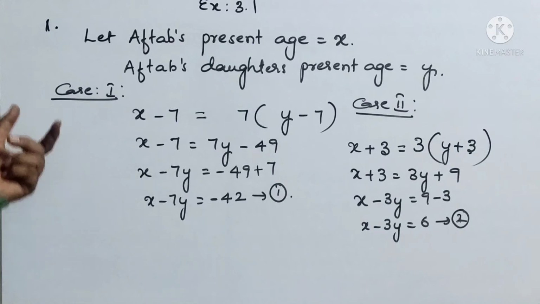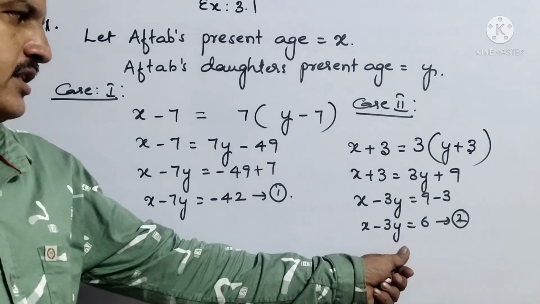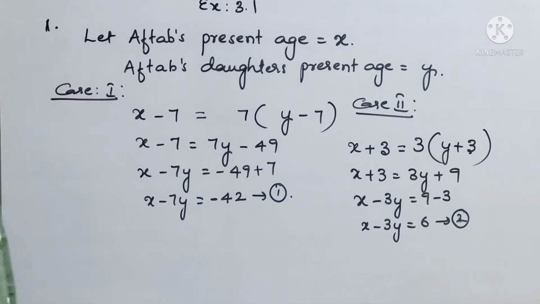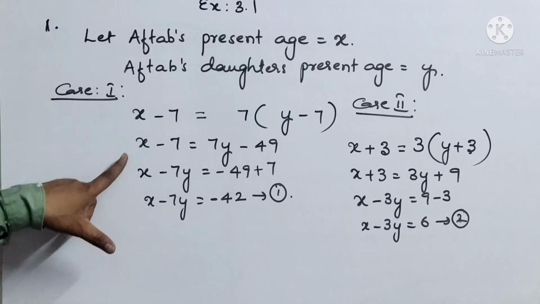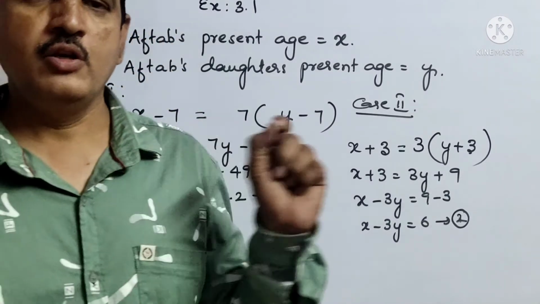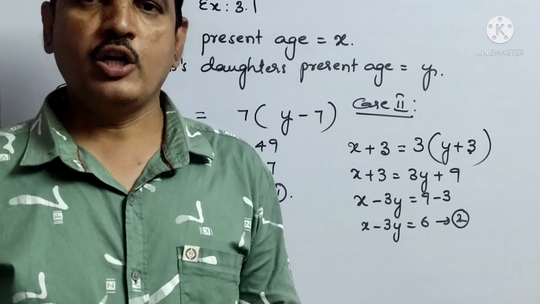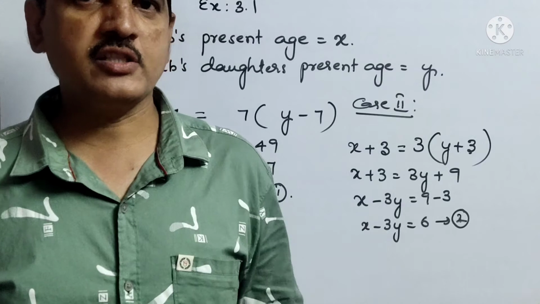Children, in case 1 you got x minus 7y equals minus 42. In case 2 you got x minus 3y equals 6. This is called algebraically: you got the 2 equations.